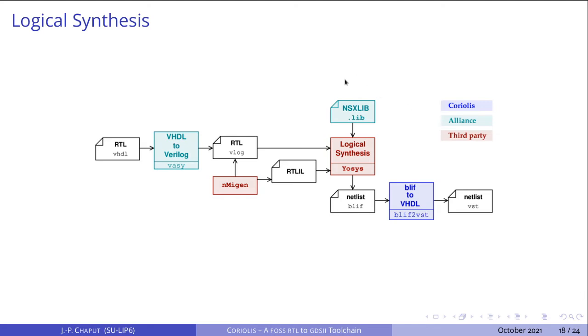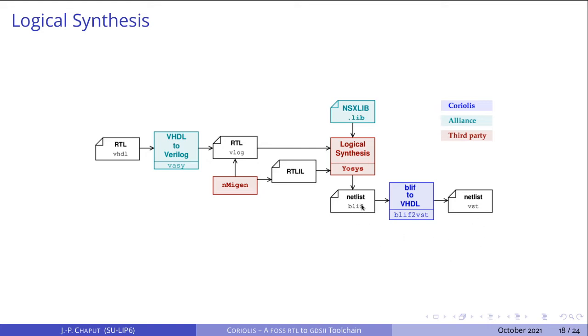So I have already spoken of the VHDL and Verilog files, but you may also see RTLIL or BLIF files. The BLIF file is in fact the real output of Yosys. Yosys doesn't directly generate a VST file.